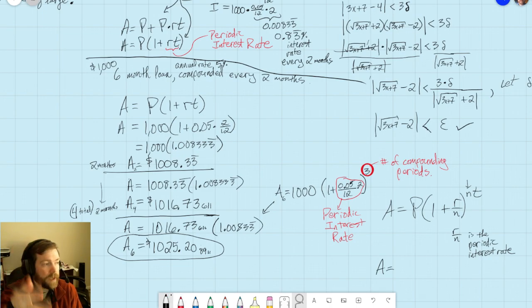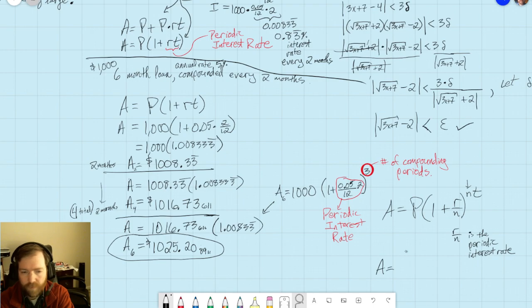So how do we calculate those things when we standardize what all of our individual constants are going to be? Well, R over N is going to be the periodic interest rate. So we get this R over N term, which is telling us that R is the annual interest rate, and N is the number of compounding periods in 1 year.